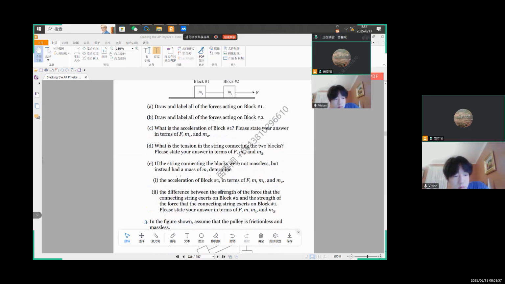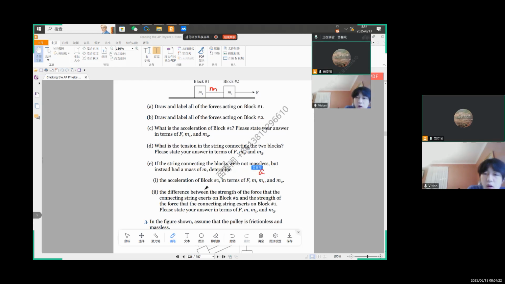Well, this time the string has a mass, which means 3 objects now, right? So there is a little mass in here. So find acceleration. What's the acceleration for the first one?